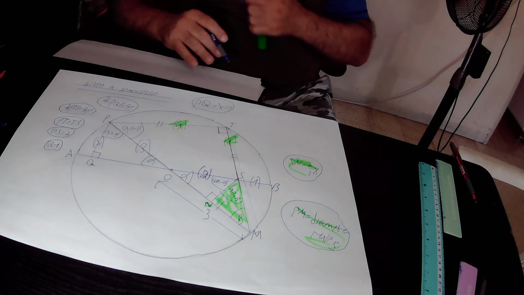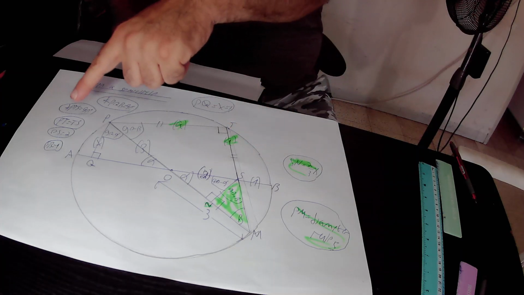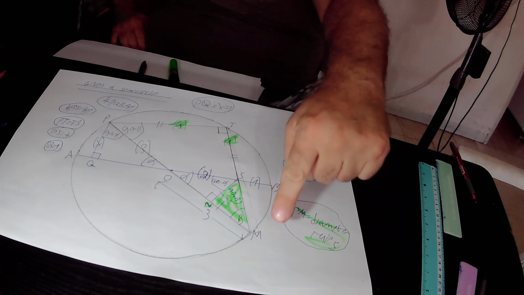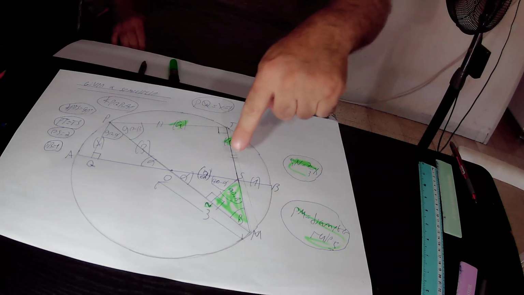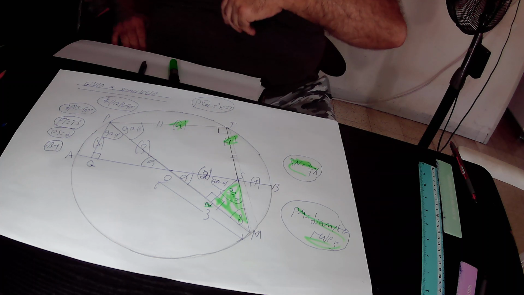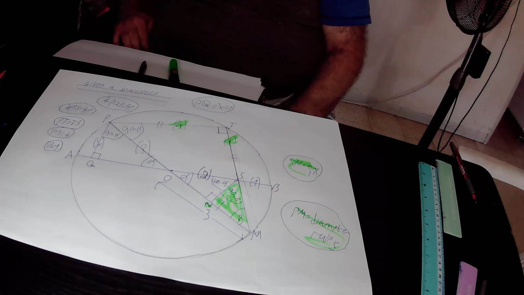Why? Because in our domain we have chord TM that intersects with chord AB at point S. So all the requirements of rule 15 are satisfied, and therefore we can implement here rule 15.